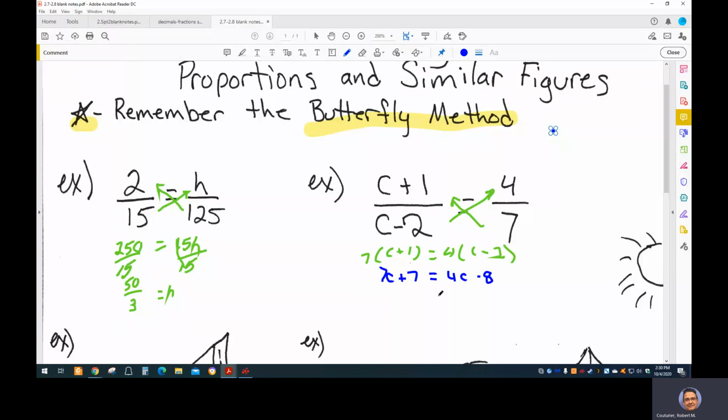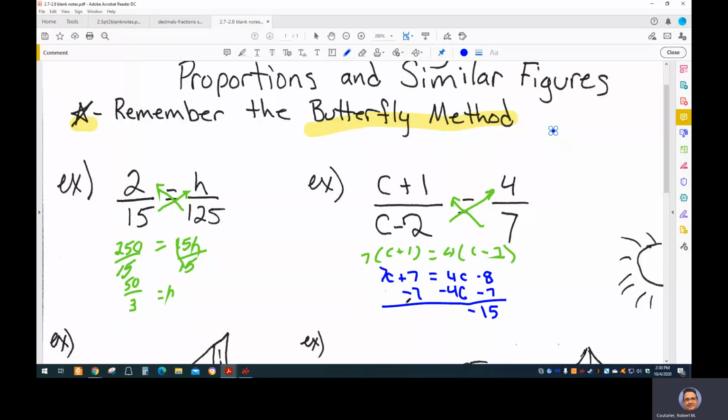We need to bring all of our numbers over this way. So minus 7, minus 7. So 8 and a negative 8 and a negative 7 give me a negative 15. We also need to bring the C's over to the other side, because all of our variables stay to the left.